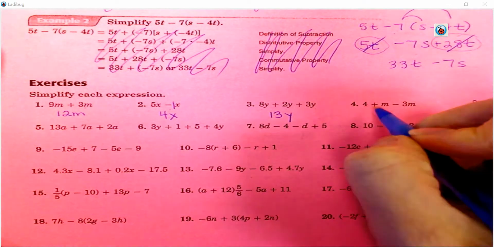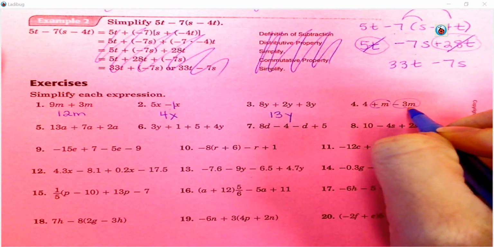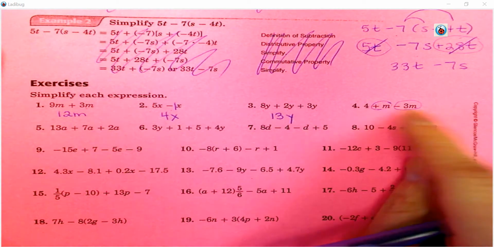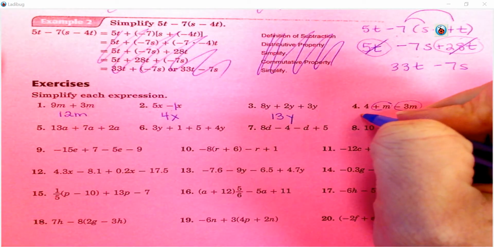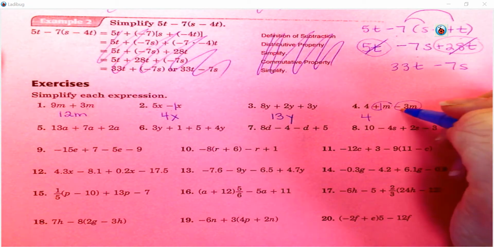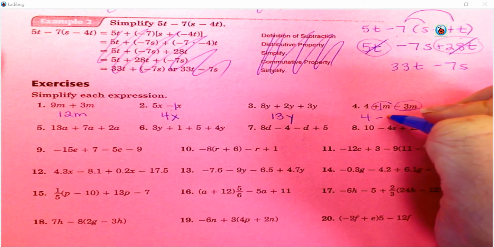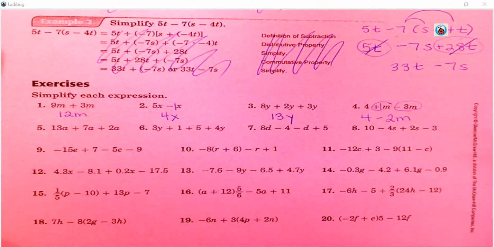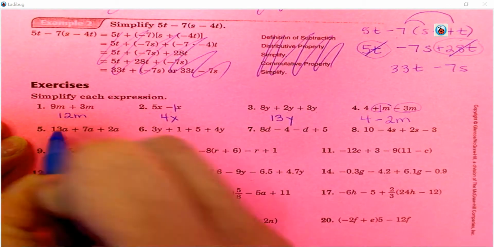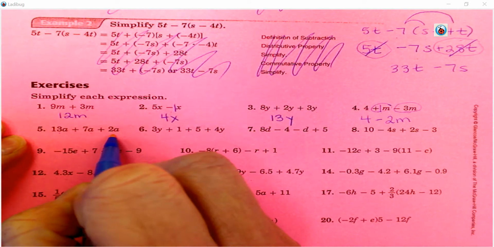Now number 4, I have an m and a negative 3m, and then that 4 is all on its own. So that 4 doesn't have any other like terms or any other constants. So I'm going to bring down that 4, and then positive 1m minus 3m is negative 2m. Here, 13a, 7a, 2a, those are all a's.